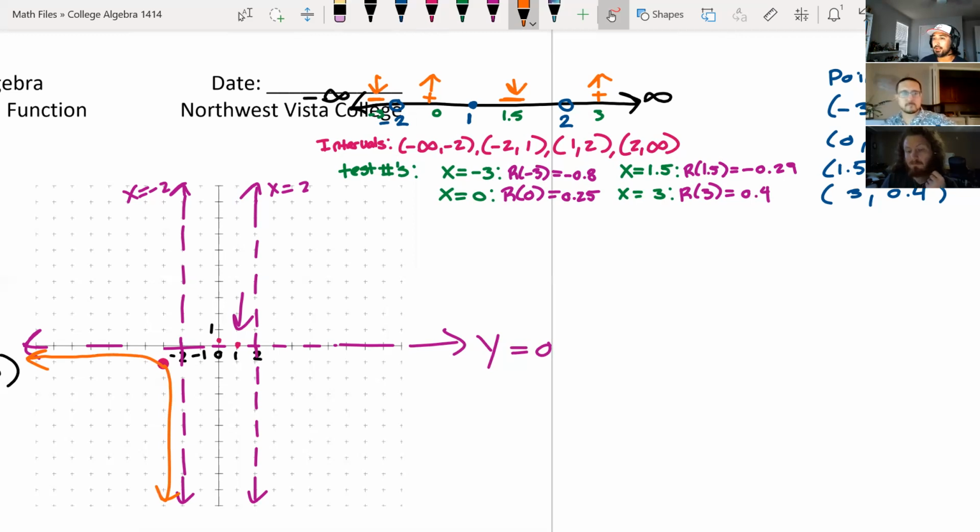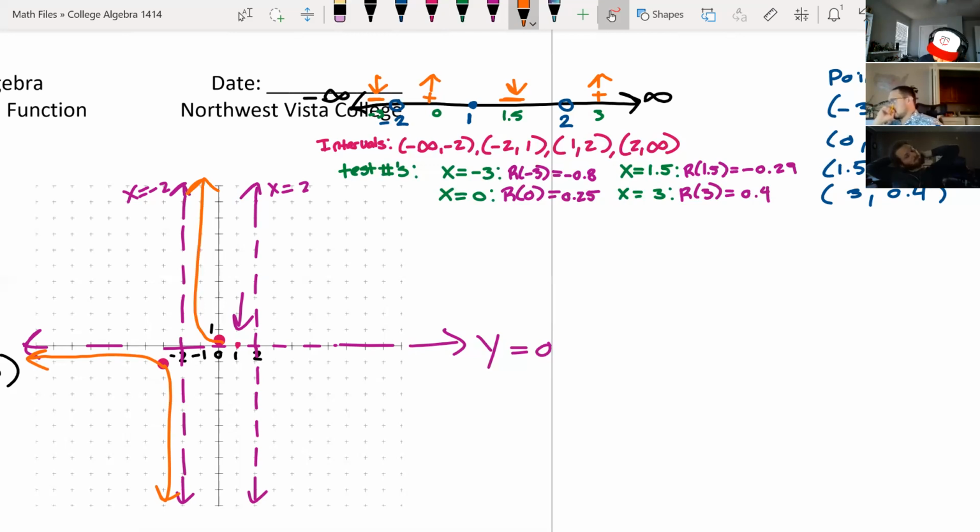And then from -2 to 1, we have our next point at 0 and 0.25, which happens to be our y-intercept. So this says from -2 to 1, we are above the x-axis, which means from this point, we're going to follow my vertical asymptote up. From -2 to 1, right?